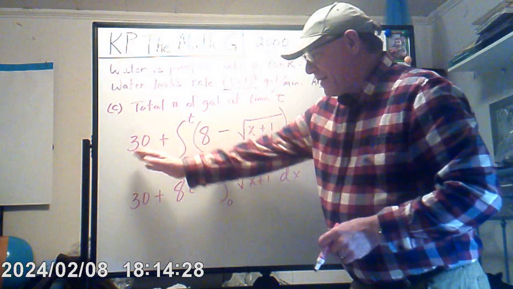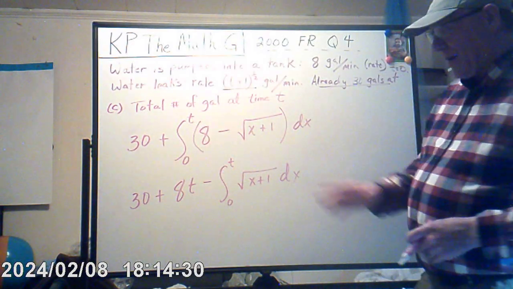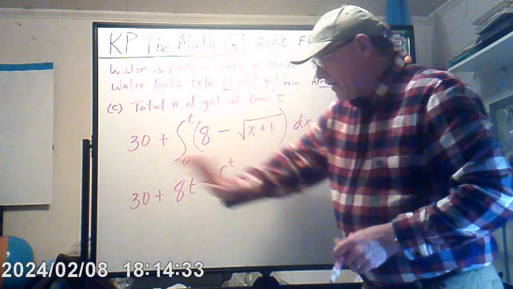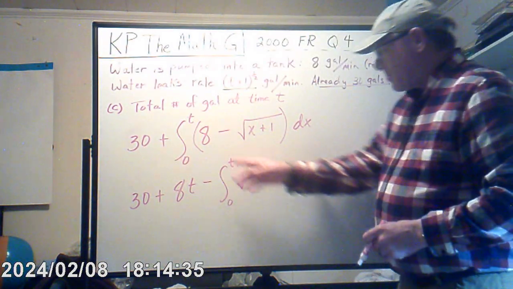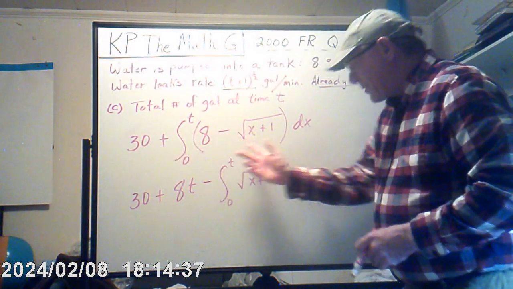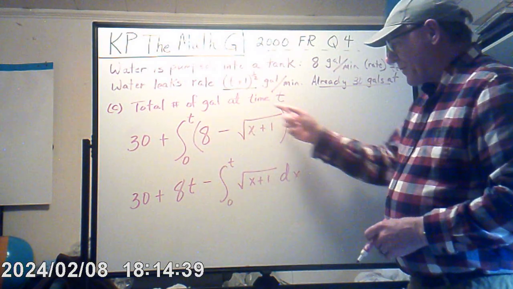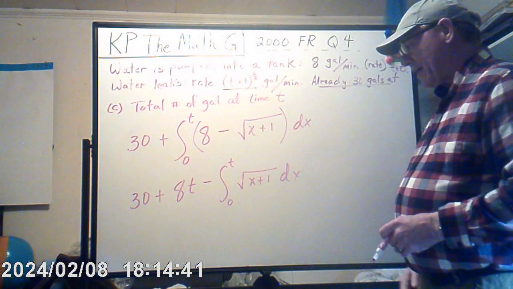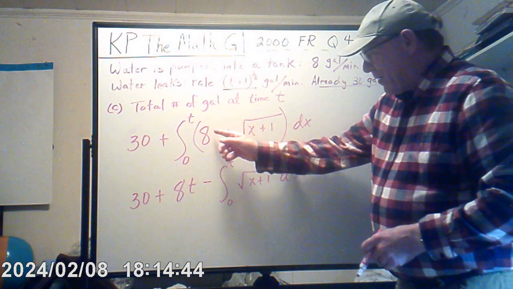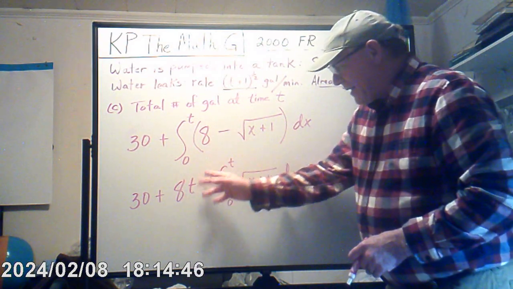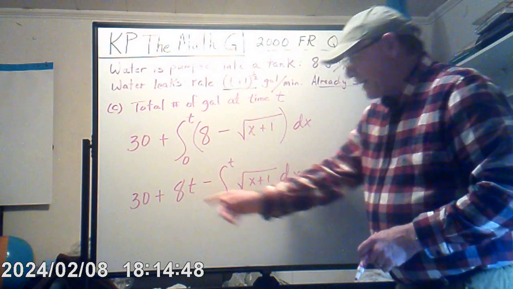This is any time t. You're going to have the initial amount that's 30. You already know that. All right, plus this amount minus this amount. So we just put them two together with dx here. And we already know that when we integrate this, this is 8t minus 0, which is just 8t.